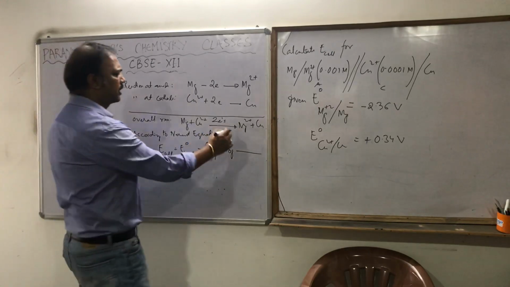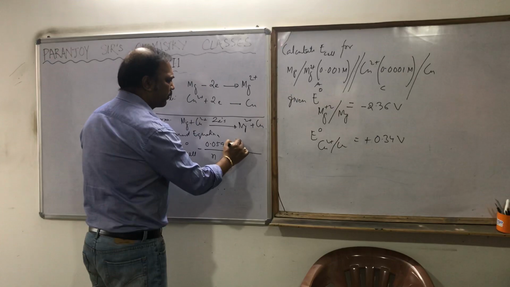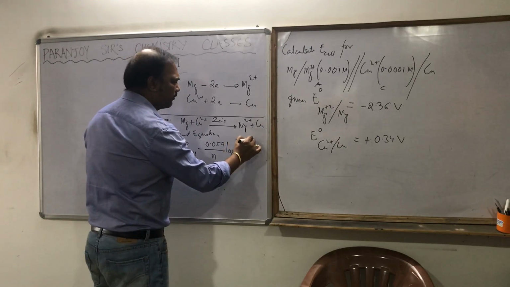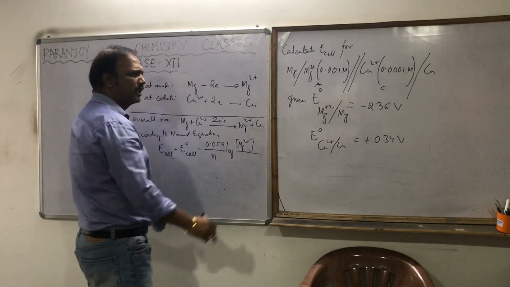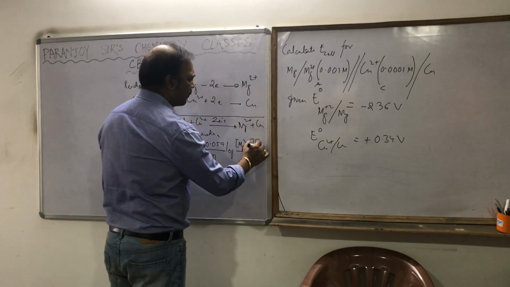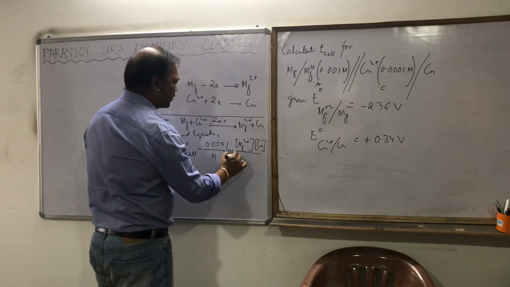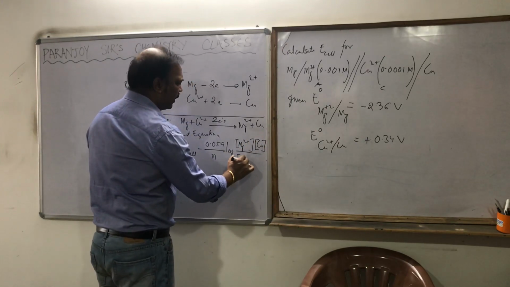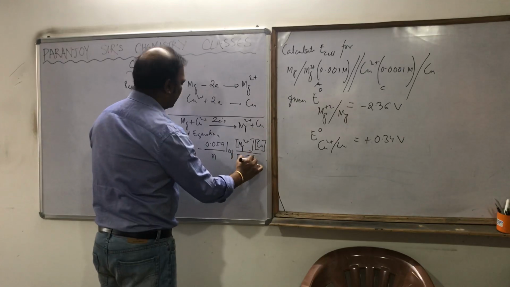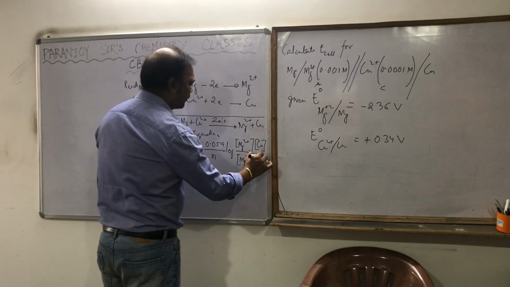So what are the products over here? Concentration of Mg2+ into concentration of Cu, divided by concentration of Mg into concentration of Cu2+. Fine.